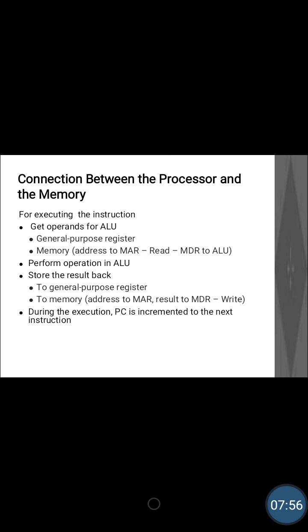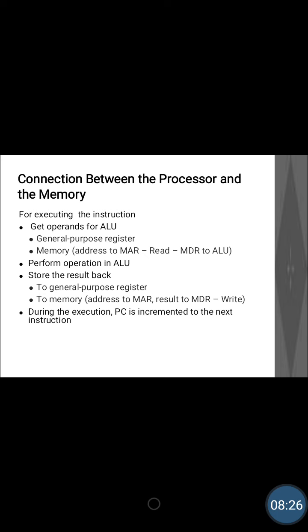What is there in MAR? LOCA is there. What is LOCA? It is the address of some memory. What is present in this? Some number is present which has to be added. So that number is collected from the LOCA address, because the data can be placed in MDR only. So data from the LOCA address is read by memory and stored in MDR.